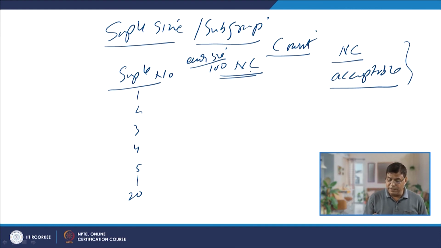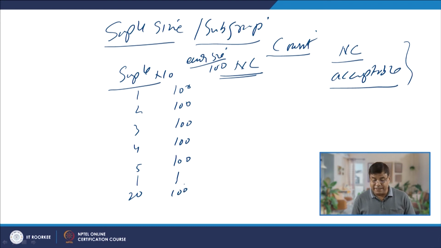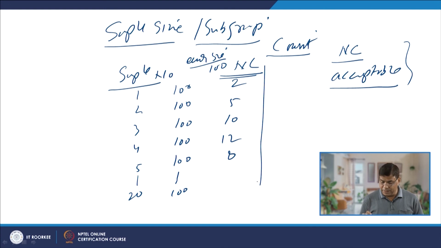First, the number of NC items will be identified. Each sample has 100 pieces, so out of those 100 pieces every time we check and find how many NC items are there, like 2, 5, 10, 12, 8. Then we make the sum of all NC items.